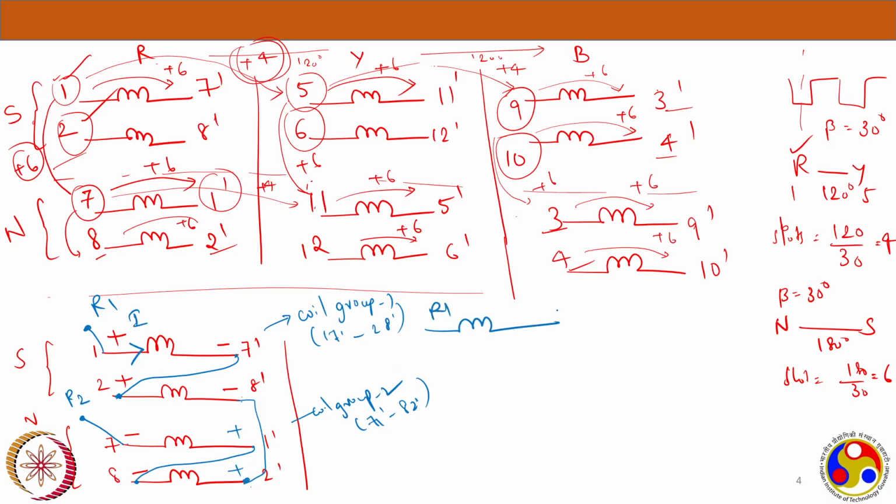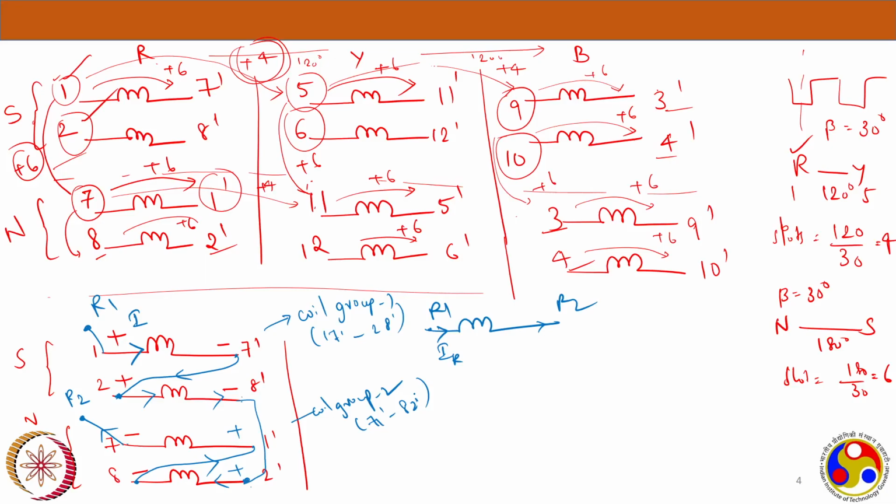This is R1, this is R2. My current is entering R1 and leaving R2. So this is how the current will travel, and it will leave like this, right? Okay. Now this is the current that is flowing through the R phase.